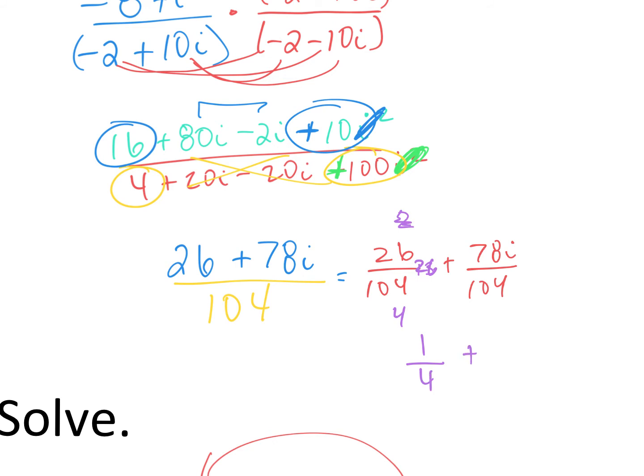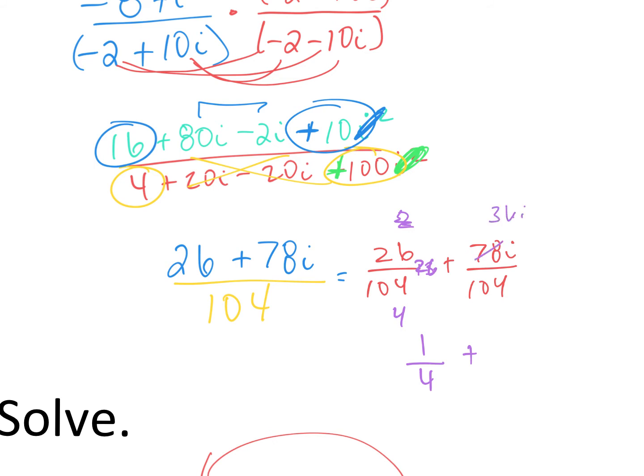What goes into both 78 and 104? Okay, 2. 2 will work. What's 78 divided by 2? Guys? 39. Okay, so this is 39i.